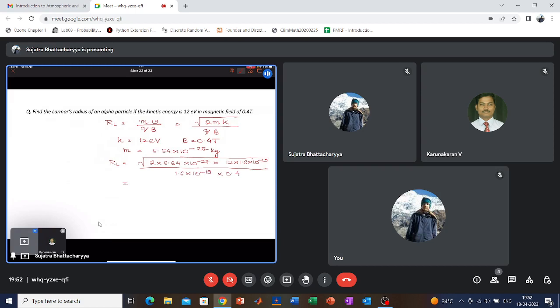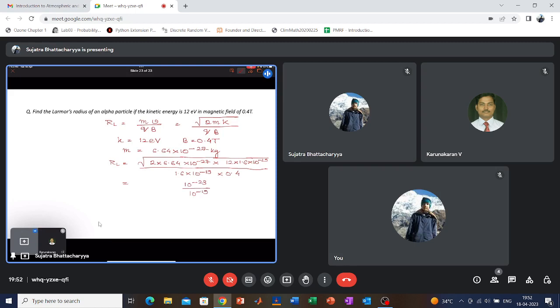See, this is minus 27 and minus 19, so it will be about 10 to the power minus 46, which we can take out of the root as 10 to the power minus 23, and there is 10 to the power minus 19 left in the denominator.